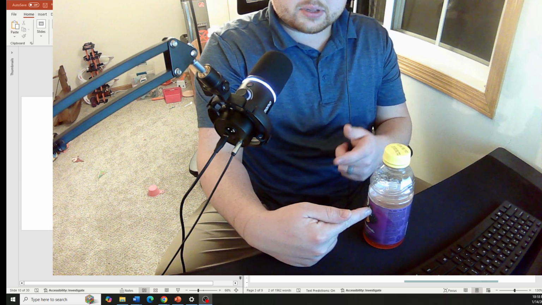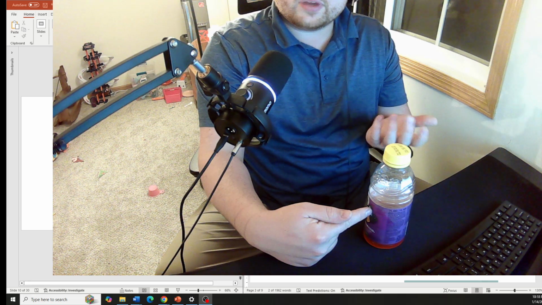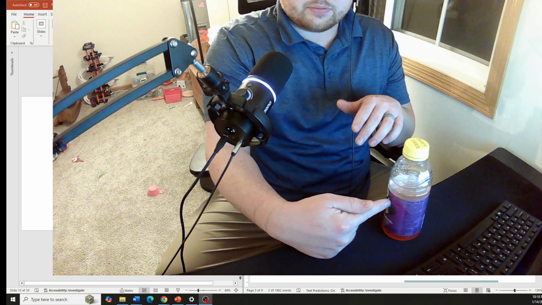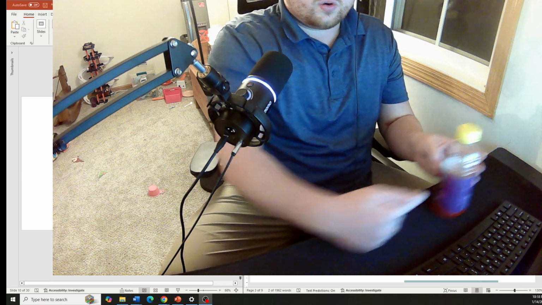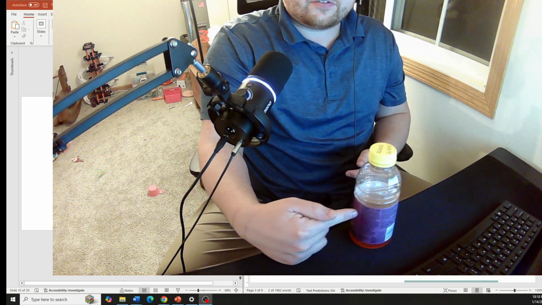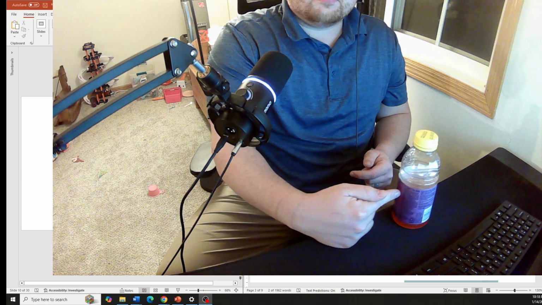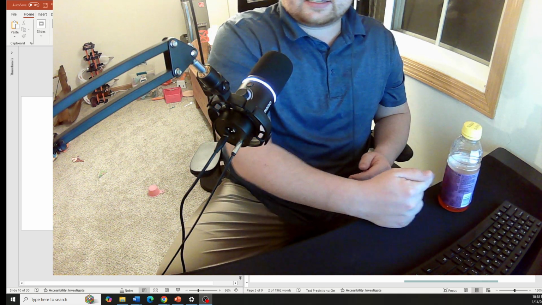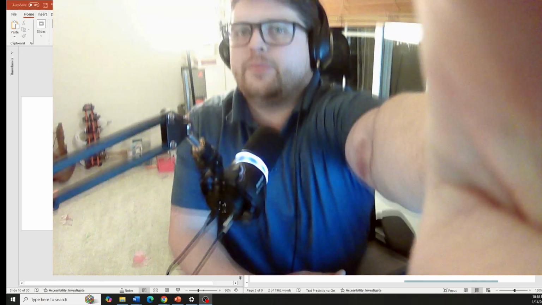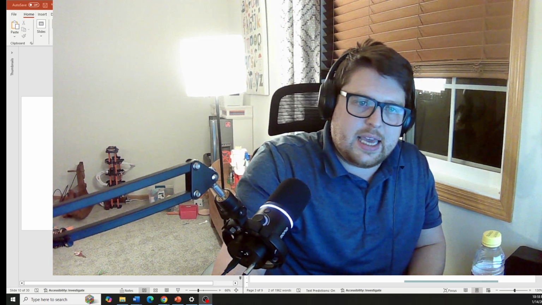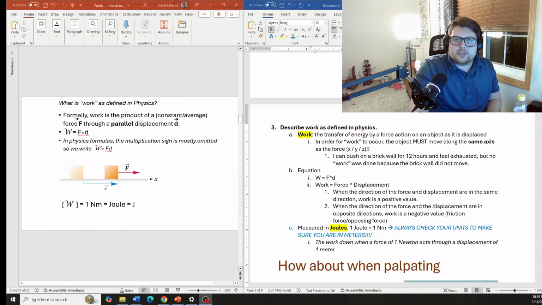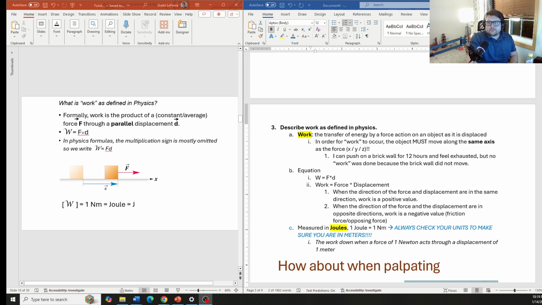So even though I'm applying a small amount of force, there's no movement, no work is being done. As soon as it starts moving, now we are working. Work has to have force and movement along the same axis as the force. Whether that is in the x-axis, the y-axis, or the z-axis, it just depends on the force that we are using.